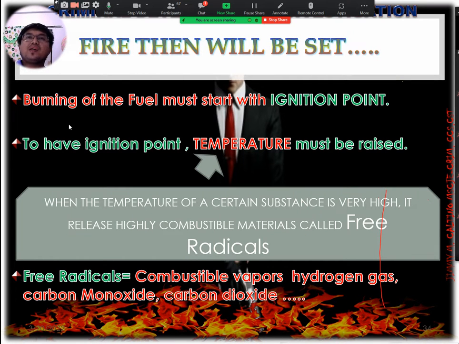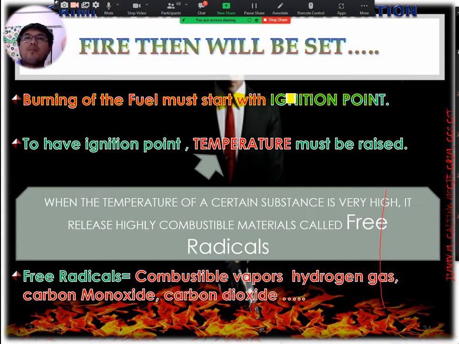So, fire then will be set. If you have the fire tetrahedron, there will be fire already. Meron na tayong sasabihin sunog. No? Fire then will be set. But before that, burning of the fuel must start with ignition. Okay? Bago natin masunog yung isang bagay, kailangan muna niyang maabot yung tinatawag na ignition point.